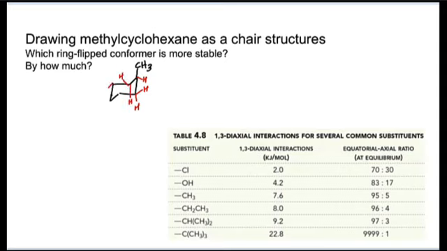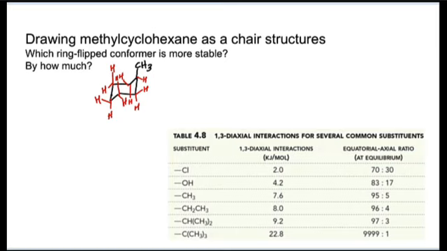You wouldn't have to do that for any of these structures, just like you don't have to do that in a skeletal structure, but it's good practice for now. So those are all the positions.